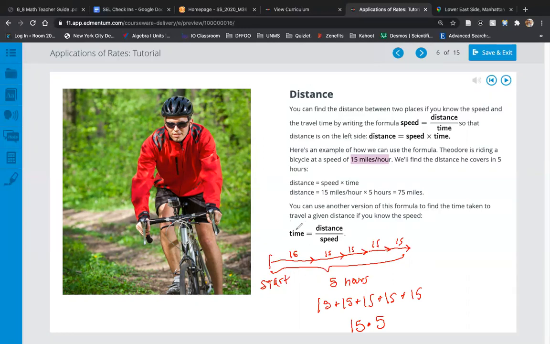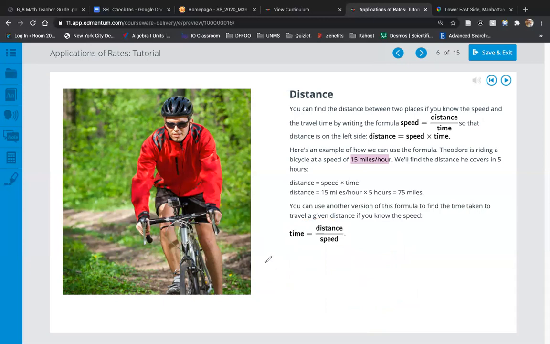The other one, to find the time, is the formula that I just went over on that last page. So you take your distance divided by speed. Throughout this lesson, you're basically using 3 different relationships. Let me just, again, review those really quick here. The first one is that speed is equal to distance over time. The next one is that distance is going to be equal to how fast you're going multiplied by how long you went for.